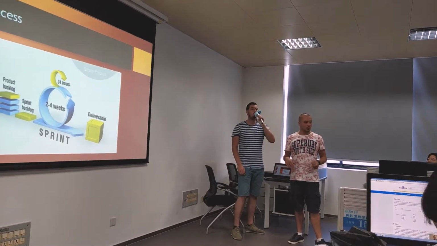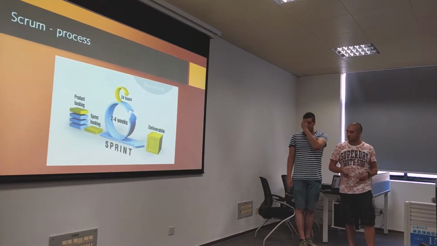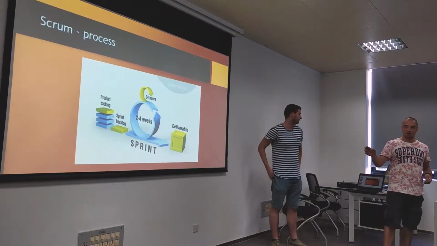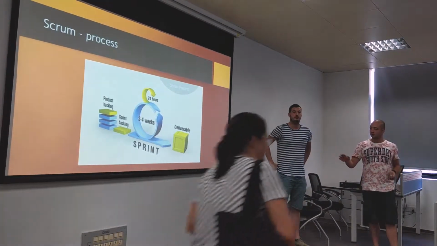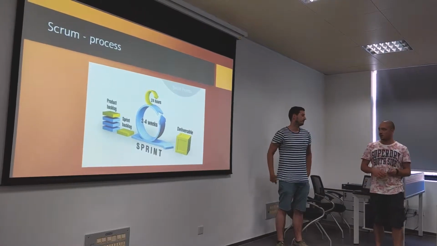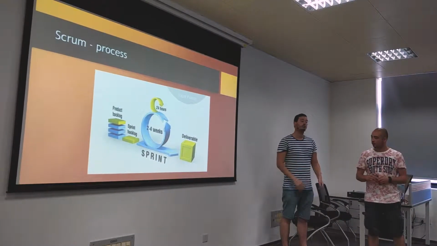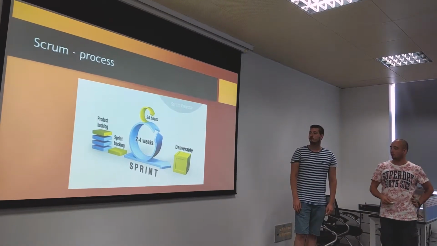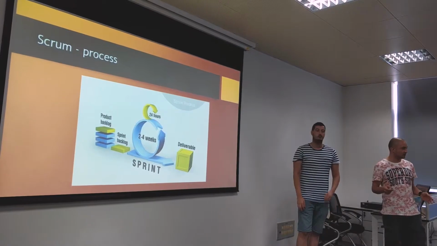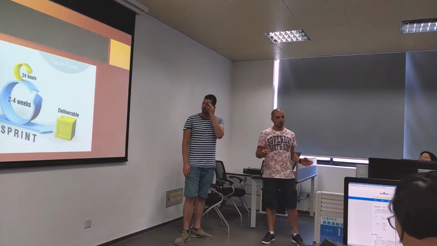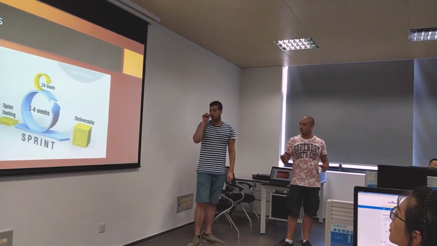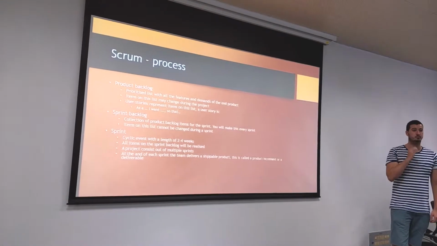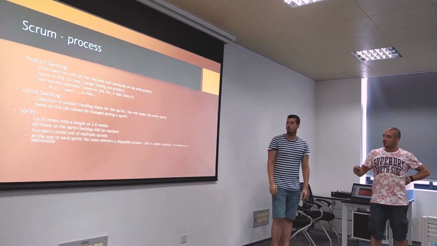In each sprint, the Scrum team works with the sprint backlog, which is a collection of requirements, and in Scrum we call those requirements user stories. After 2 to 4 weeks, there is a deliverable, which is an increment of the end product. Within one project, you do multiple sprints. These are some important processes within the Scrum process.